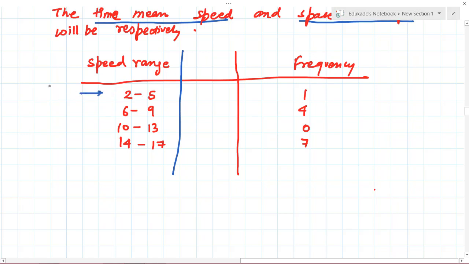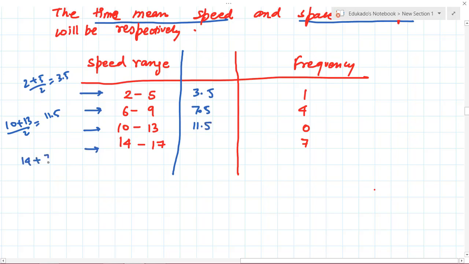For the first, 2 plus 5 upon 2, it will be 3.5. For 6 plus 9 by 2, it will be 7.5. For 10 to 13, 10 plus 13 by 2 comes out to be 11.5. For 14 plus 17 by 2, this comes out to be 15.5.